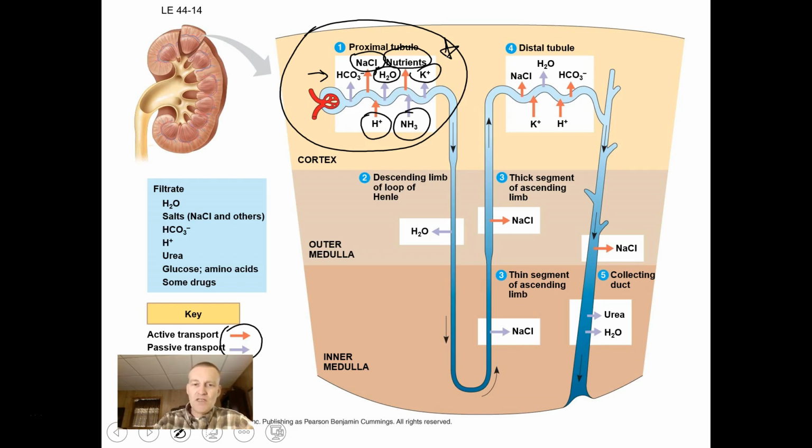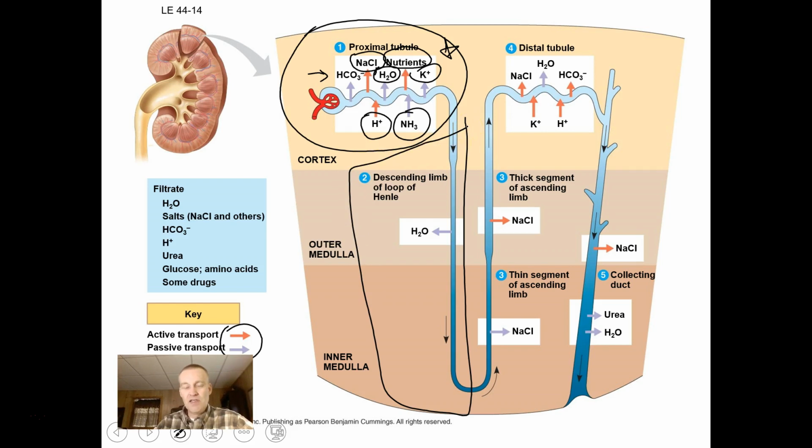So in the descending loop, here's our next little section, the descending loop of Henle, we basically are going to have simple squamous cells. They're going to have lots of aquaporins, and they're going to reabsorb water. In the ascending loop, we're going to take care of bringing back in salts.